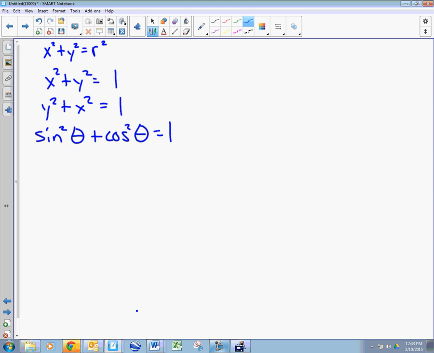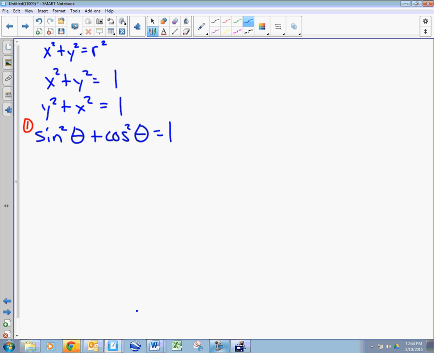Sine squared plus cosine squared is equal to 1. Now, note that I didn't write it like sine of theta squared, because then it looks like I'm squaring the theta, right? But when I write the square over the sine, that means you take the sine of the angle and then you square it. Okay? You okay with that? All right. It's formula number 1.